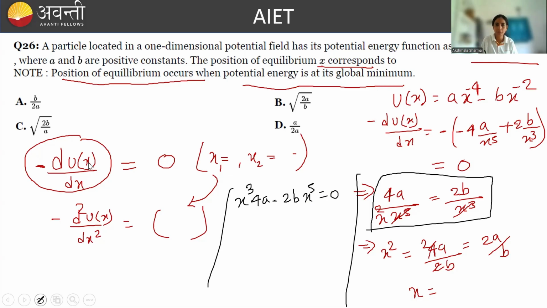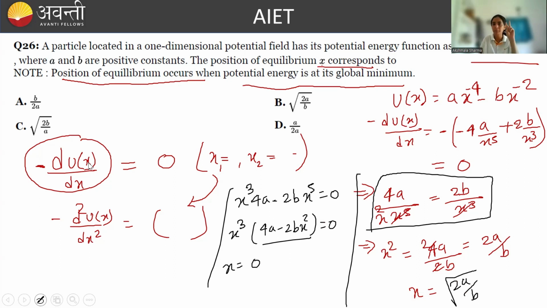If you take x cubed as common, how much value will it become? 4a minus 2b x squared is equal to 0. So here x can be equal to 0 and this can be equal to 0. So when we equate this to 0, x is coming as 2a by b. Okay, so this is what we are getting here.